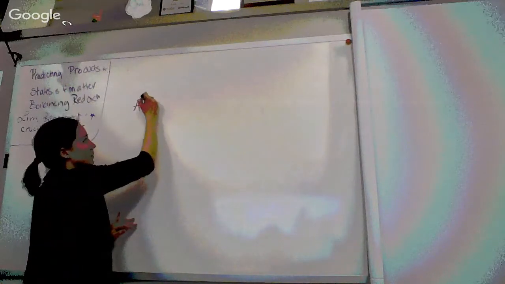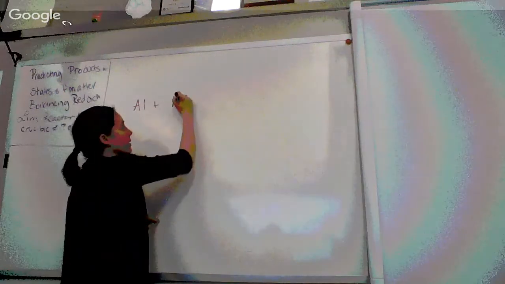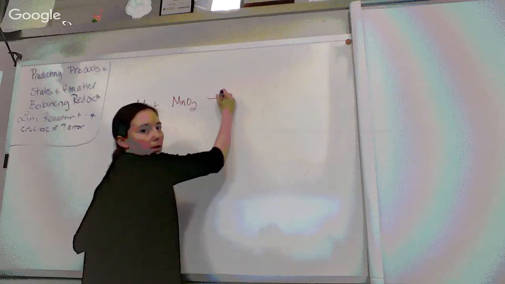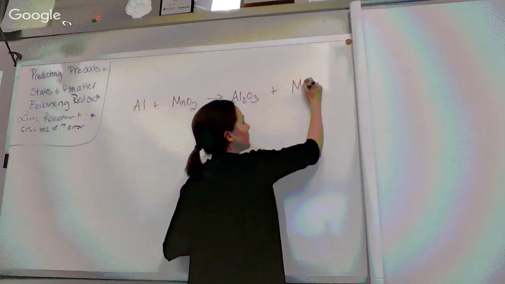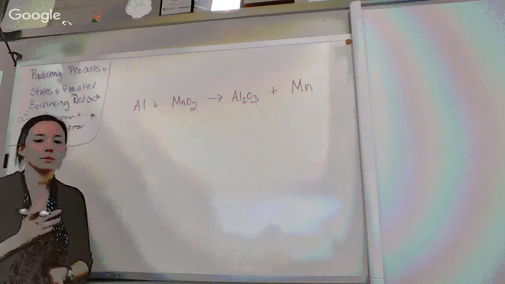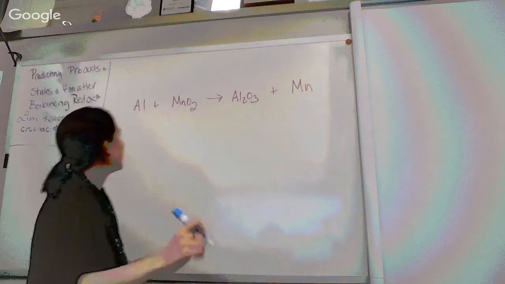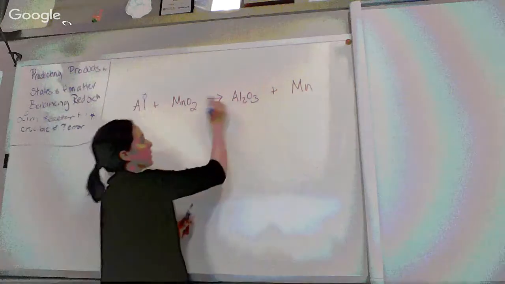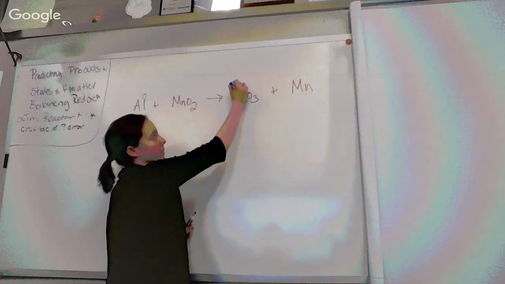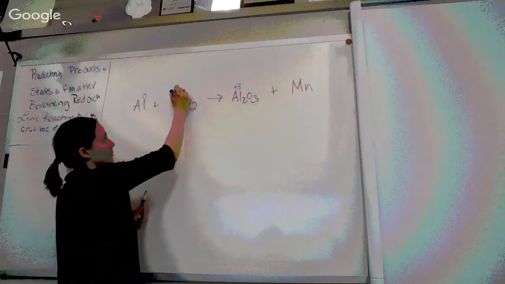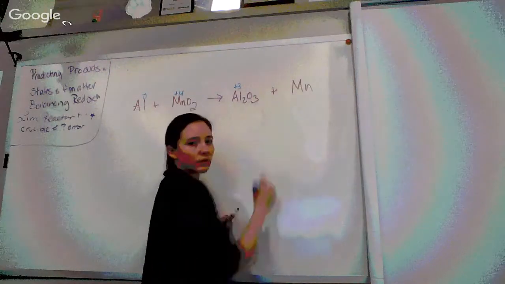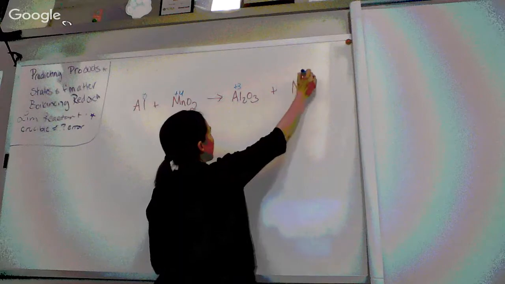So aluminum plus MnO2 makes Al2O3 plus Mn. So in this reaction, Amir, we have 0 as the oxidation state for aluminum here, but over here it became +3. And then I would have +4 for manganese here, and it goes to 0 over there.